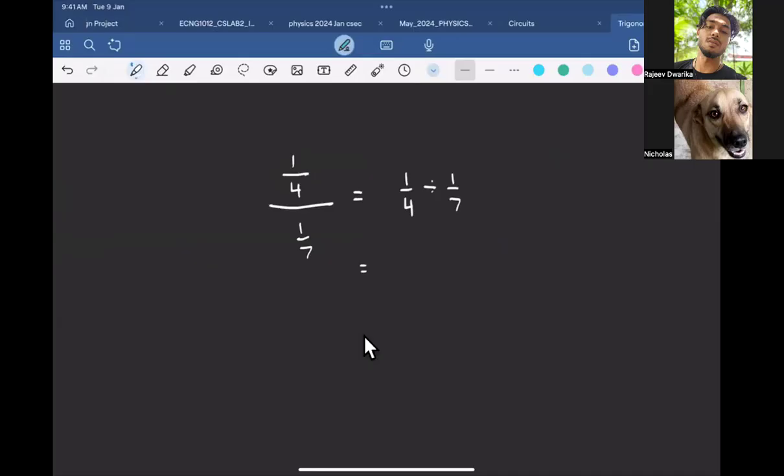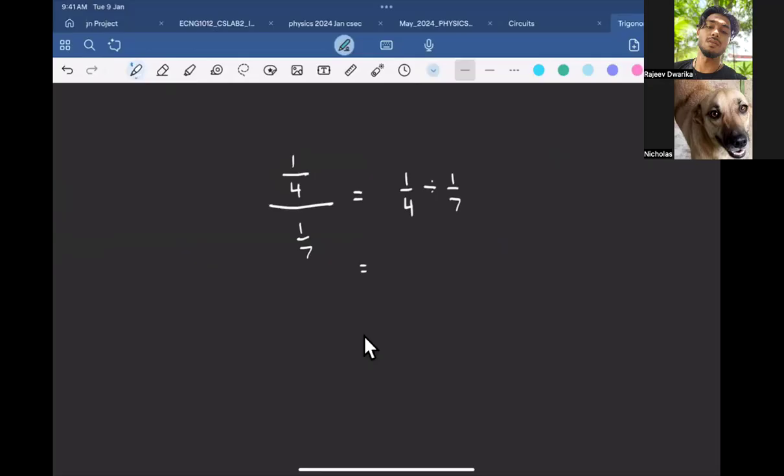You could find the LCM. No, you're not finding the LCM. You only find the LCM when you're dealing with addition and subtraction. You would invert which fraction?